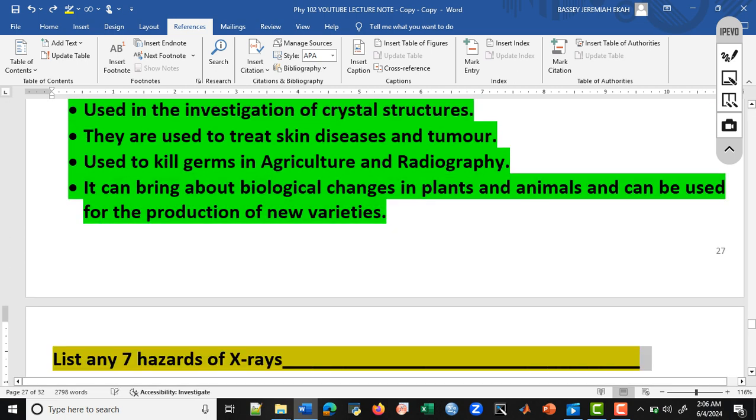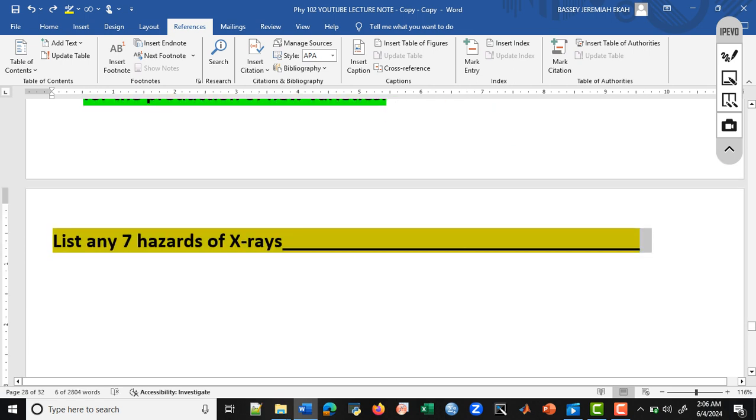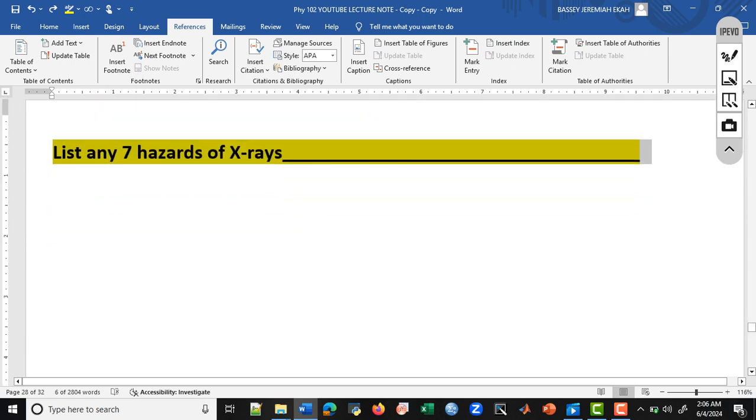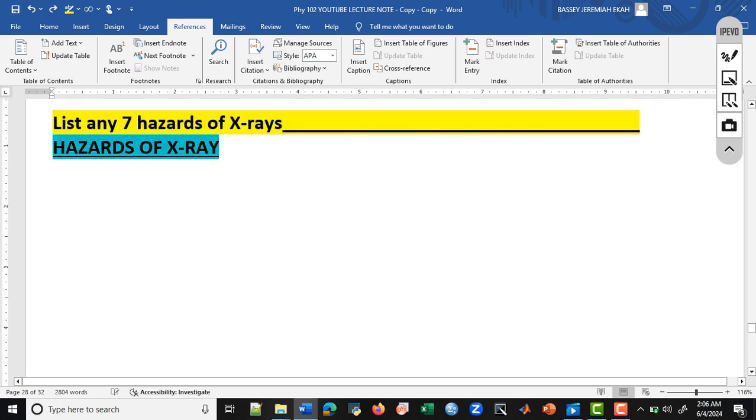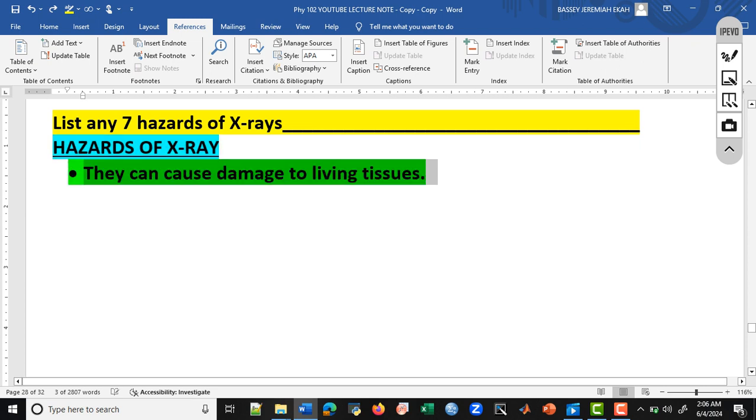This other question says, list any 7 hazards of X-ray. Hazards of X-ray. Number 1, they can cause damage to living tissue. So while you are working with X-ray, you have to also protect yourself from the negative effects of X-rays.